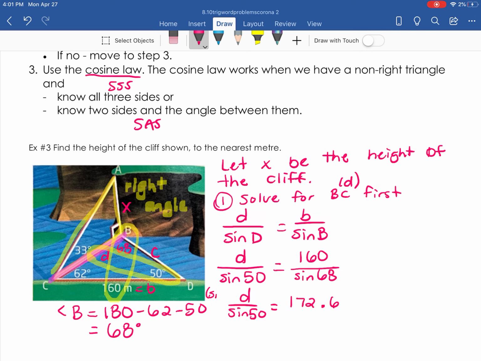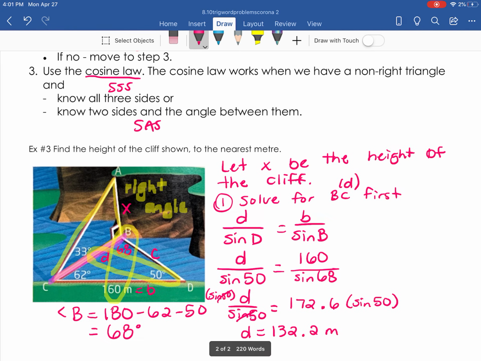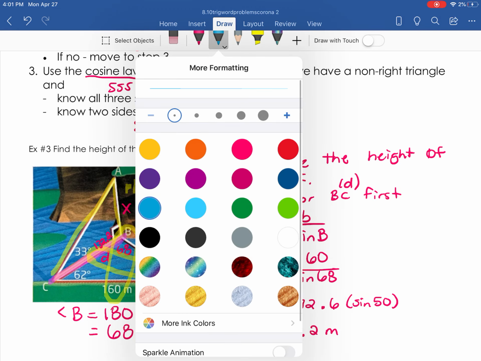Okay, and now we want to get the sine 50 out of the bottom. So that is 132 meters. My picture's a bit clouded, but maybe I can write that in there, 132.2.